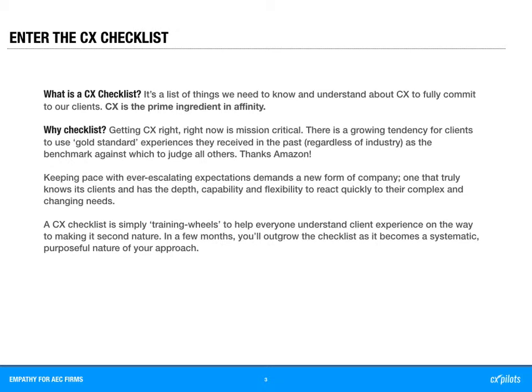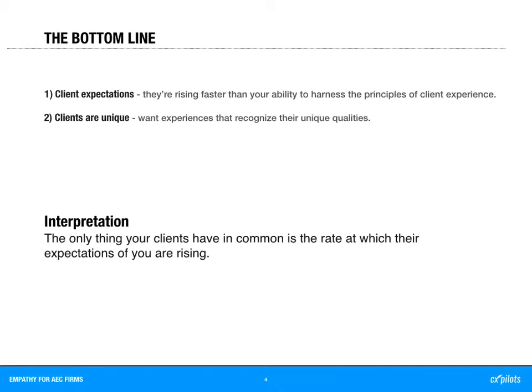The checklist helps you understand what the universe of interactions looks like, how your client thinks about it, and how to nail it every time. But you can move beyond it once it becomes second nature, and your organization starts to think with one systematic, purposeful mindset.